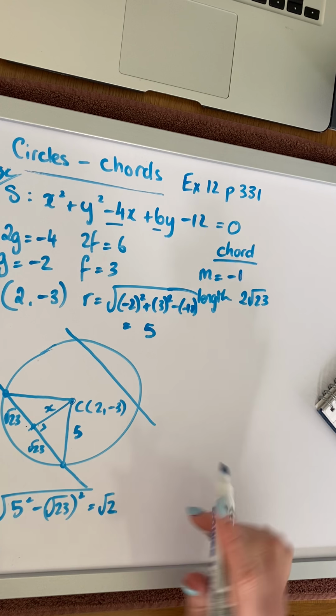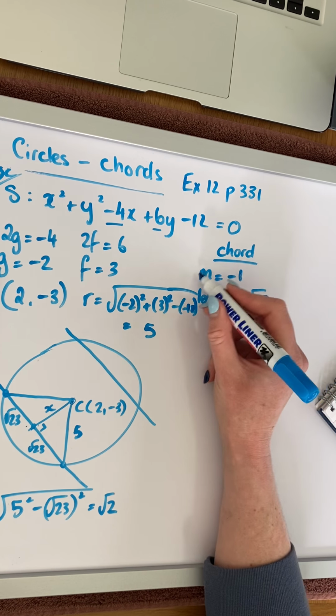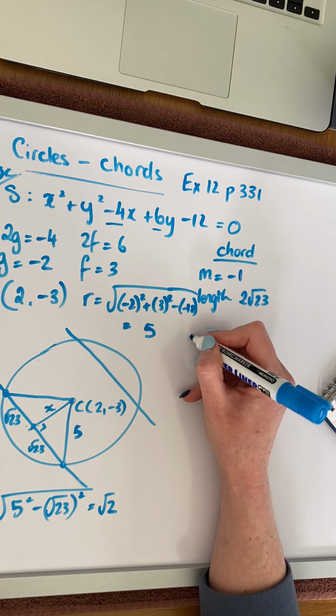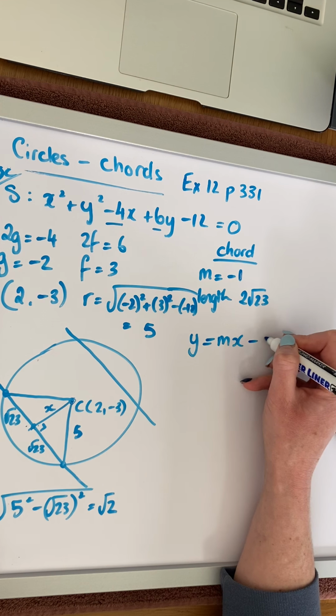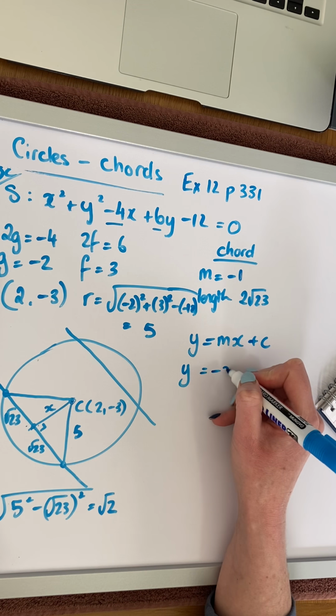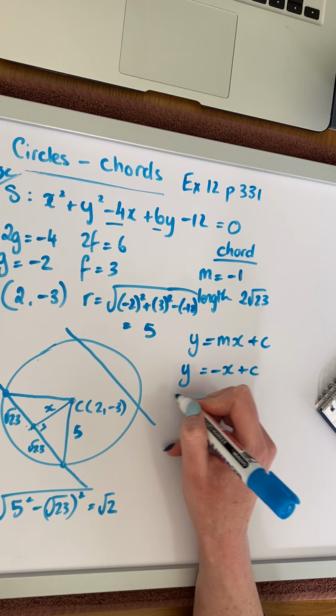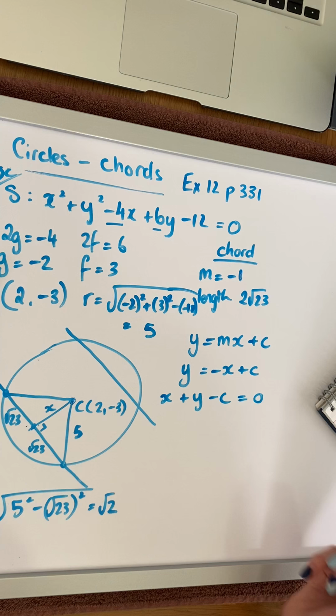Now, in order to use it, the first thing we need to do is form a basic equation of our chord. The slope is -1, so if we insert that into the formula y equals mx plus c, m is -1, so y is equal to -x plus c, and bringing everything together, x plus y minus c is equal to 0.